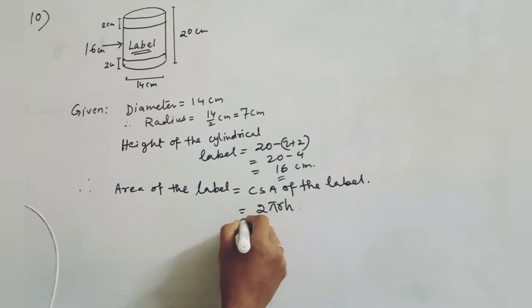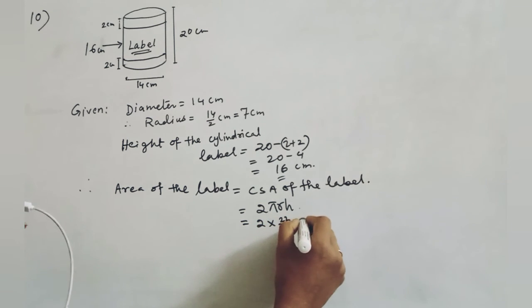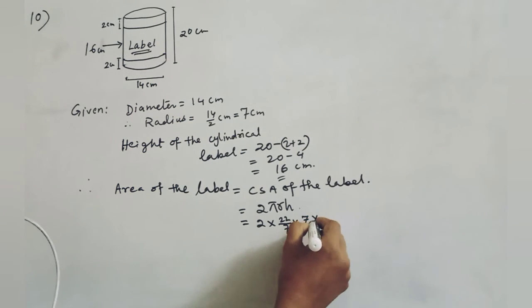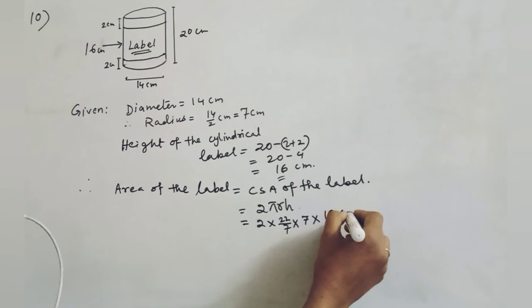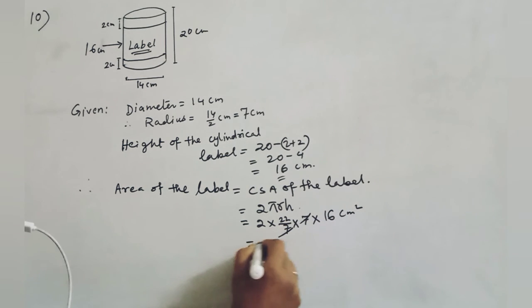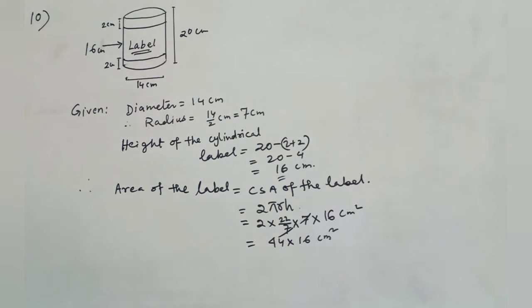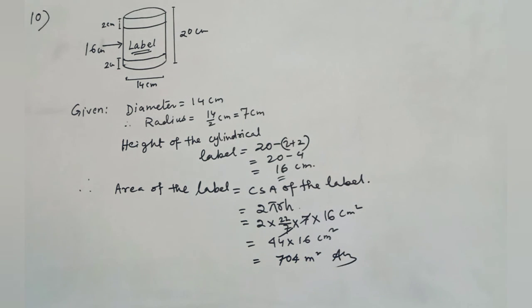Here 2 into 22 by 7 into radius 7 centimeter, diameter was given so divided by 2, radius 7 centimeter, and height 16 centimeter. Cancel all these, 44 into 16 centimeter square, multiply and you will get 704 centimeter square. So the area of the label is 704 centimeter square.